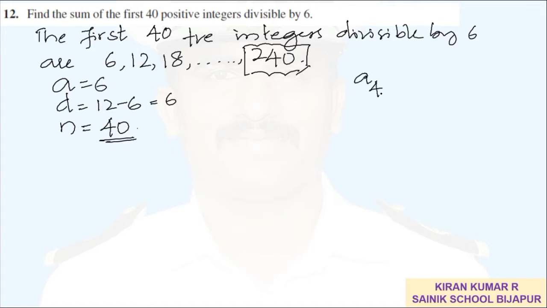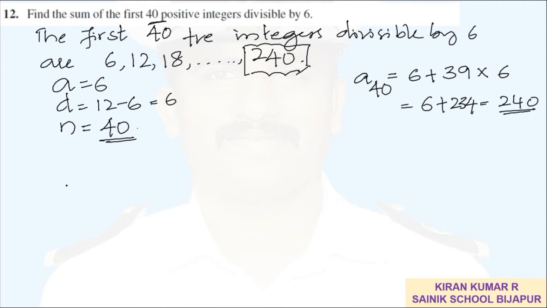Suppose I want to find the 40th term, I'll make use of a plus n minus 1 into d, which is 6 plus n minus 1 is 39 into d. d is also 6. So 6 added to 39 multiplied by 6 will be 234 added to 6, which becomes 240. This is how I have got the 40th term.